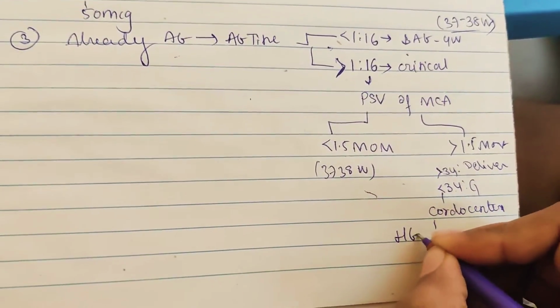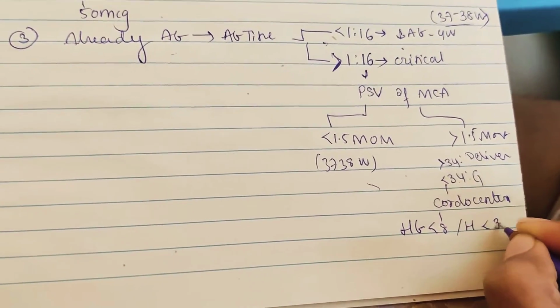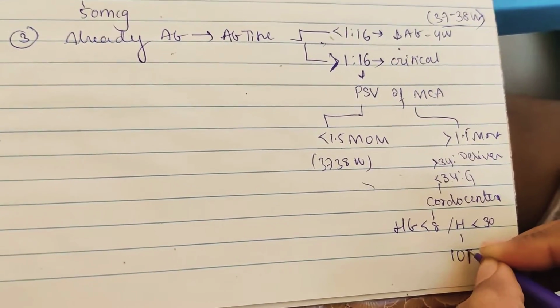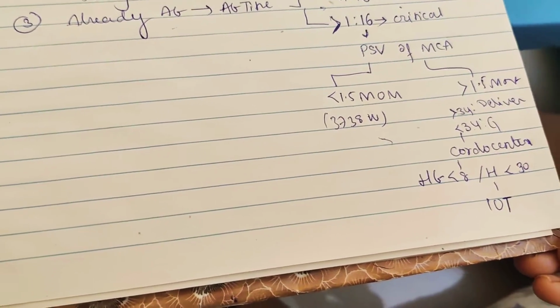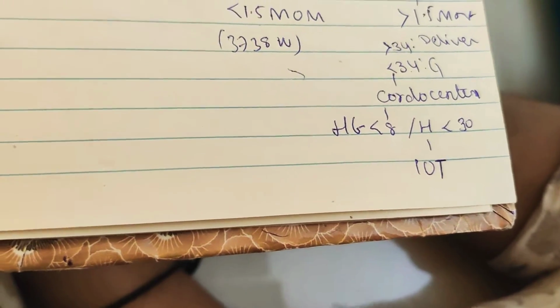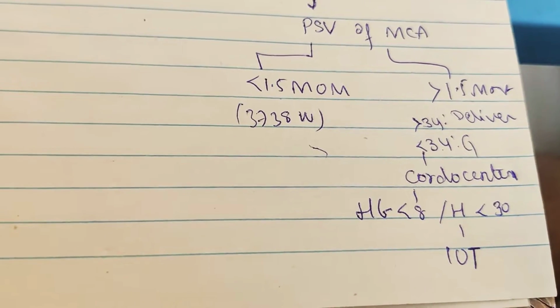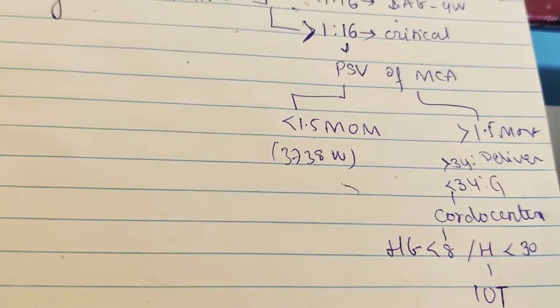If hemoglobin is less than 8, or hematocrit is less than 30, you need to do IUT. Here IUT means intrauterine transfusion. Then try to take the pregnancy till 34 weeks and deliver.